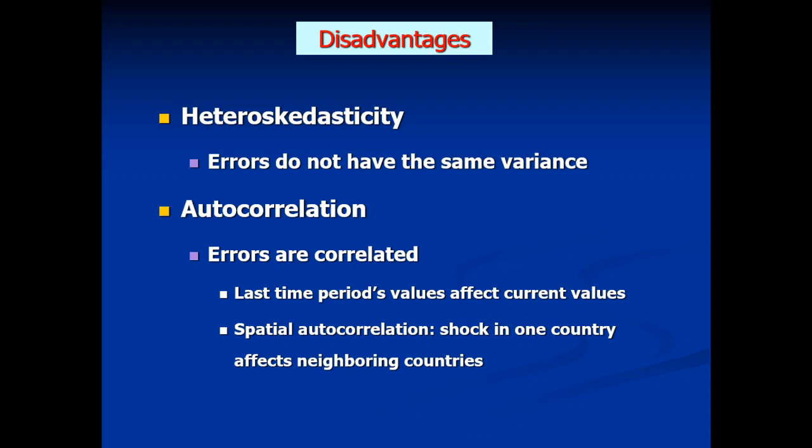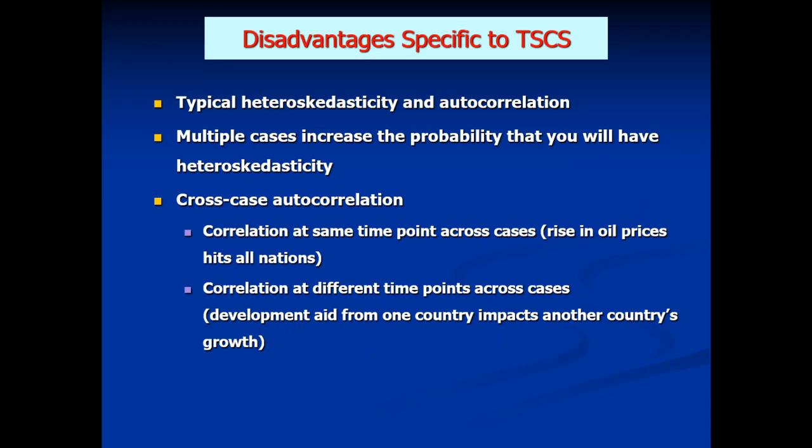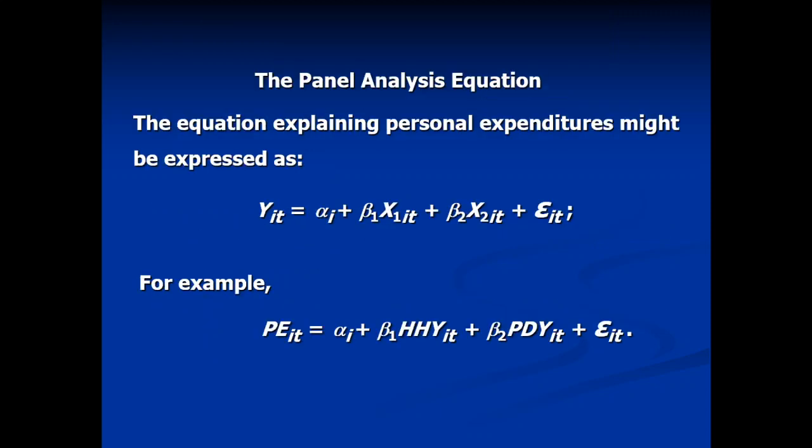For example, if the corona pandemic is affecting one country, there is every chance that this effect spreads to other countries. A shock in one country affects neighboring countries. These are the disadvantages, and again it is written: heteroscedasticity, cross case autocorrelation. Another example: a rise in oil prices hits all nations, development aid from one country impacts another country's growth, etc.